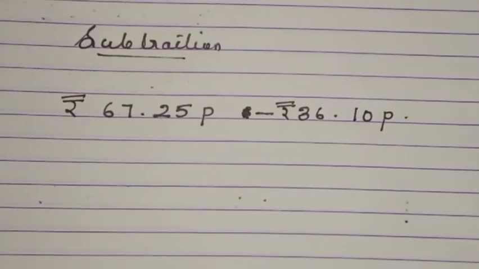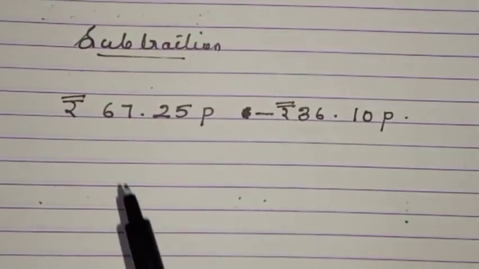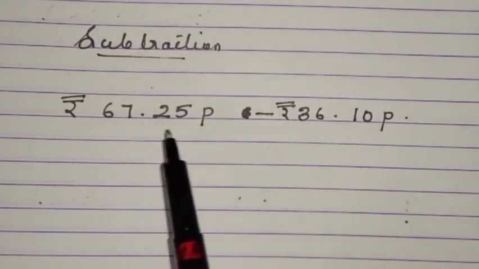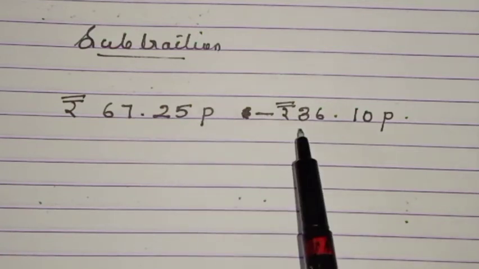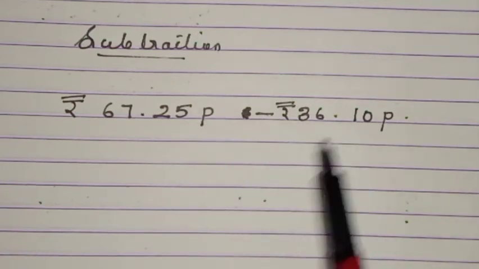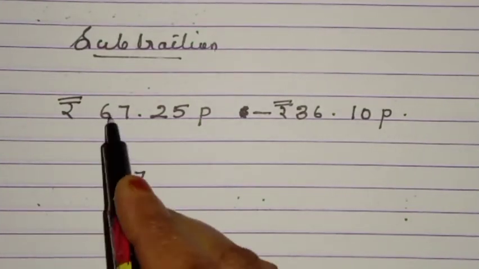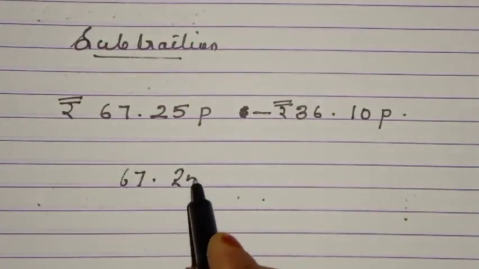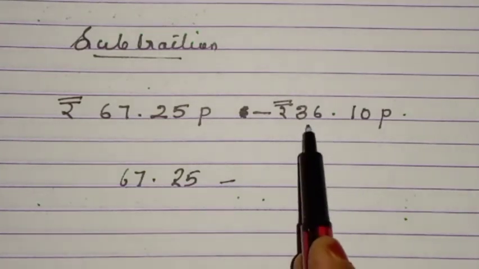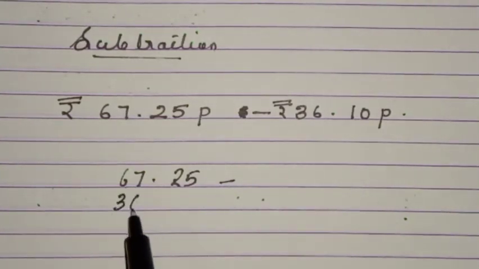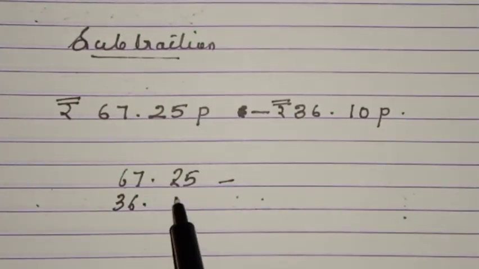Next we can study the subtraction of rupees 67 and 25 paise and rupees 36 and 10 paise. How will you subtract? First you write 67.25 minus 36.10.